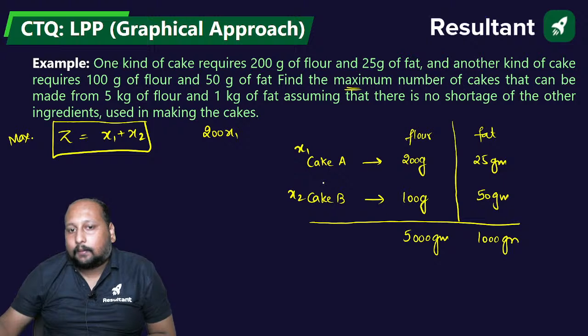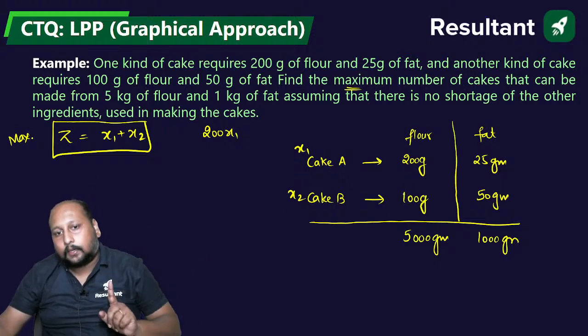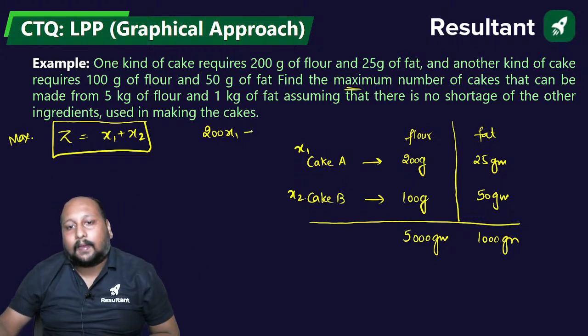For cake B, 100 gram is required for making one cake B. So if you are making X2 cake B, we'll be having 100 X2.